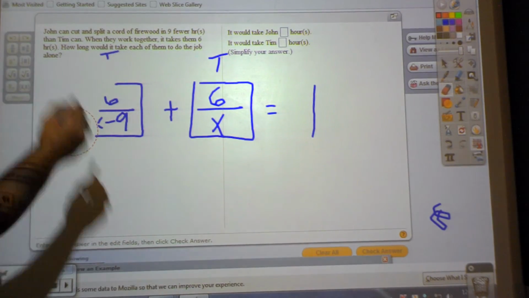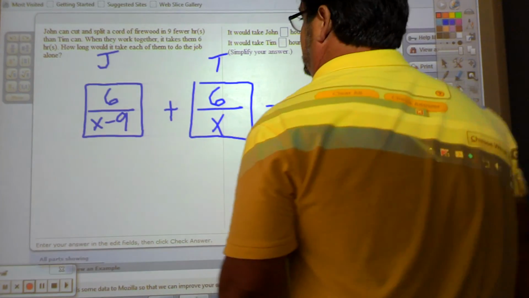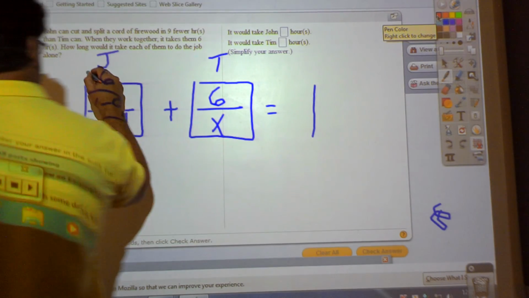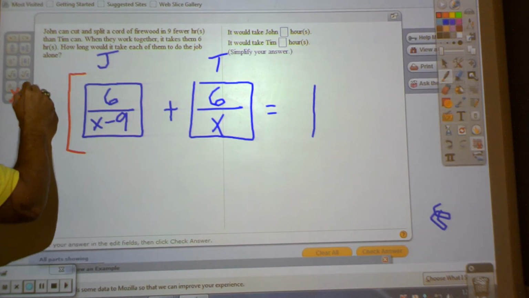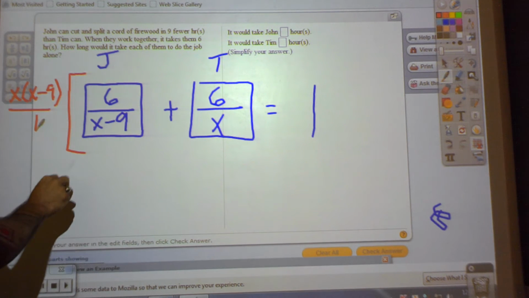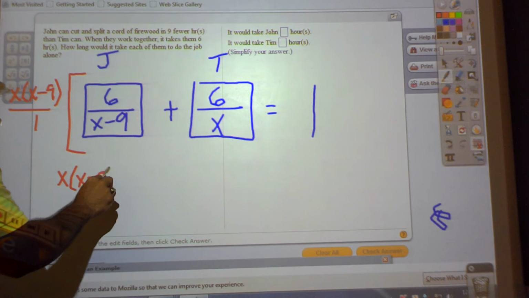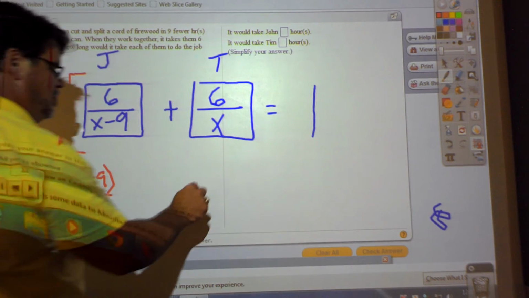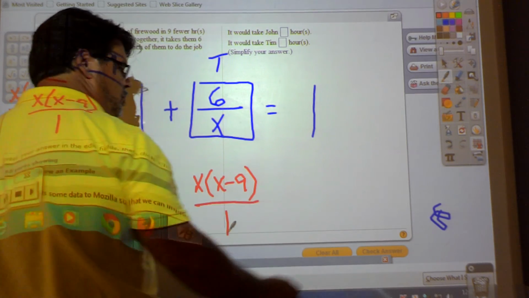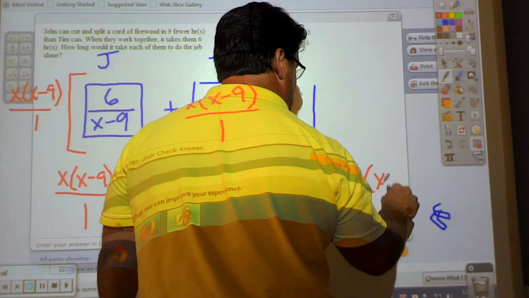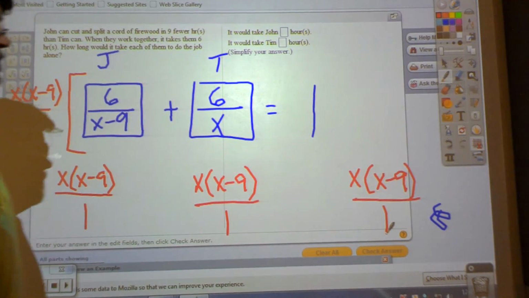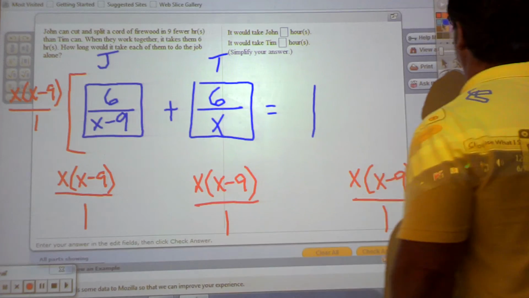X times X minus 9 over 1. And then write your problem in.